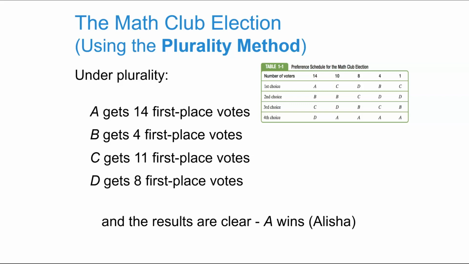It's clear that here, A gets 14 first place votes, B got 4 first place votes, C got 11, and D got 8 first place votes. So if we're just going by plurality, the results are clear. A has the most votes, and so Alicia won.